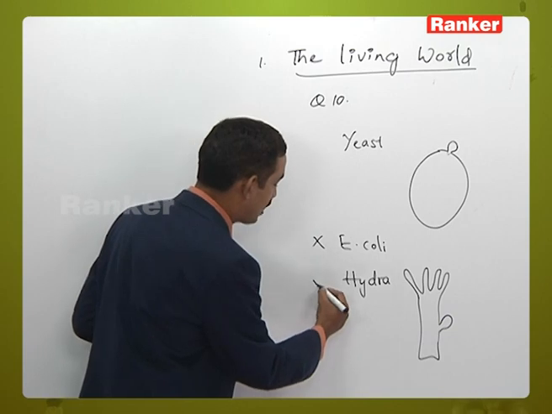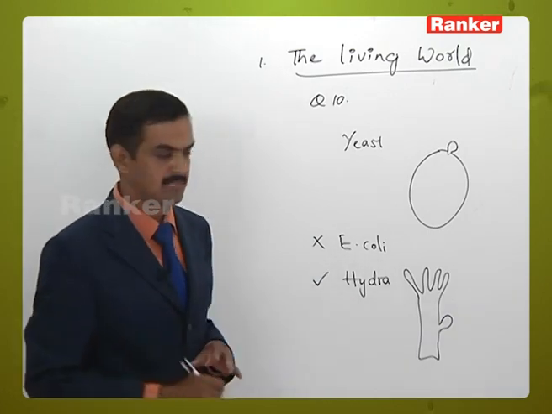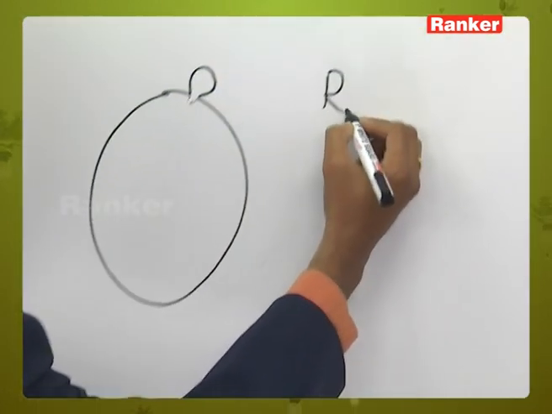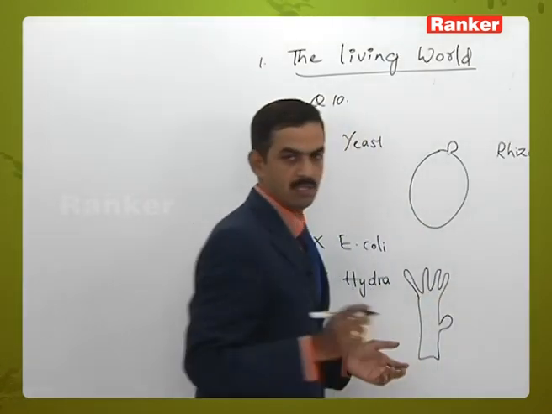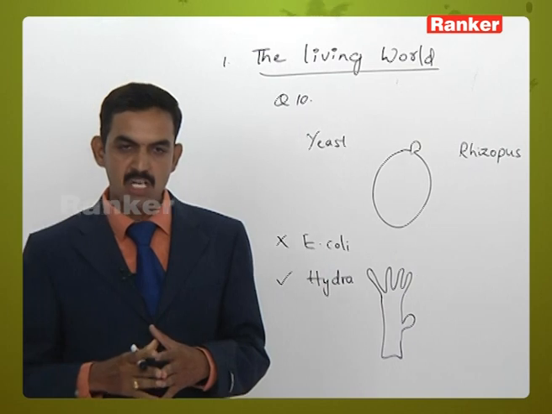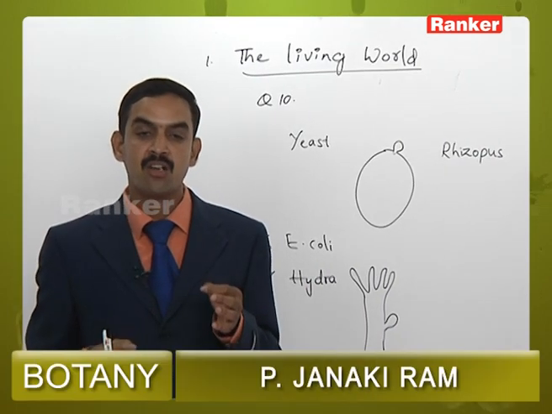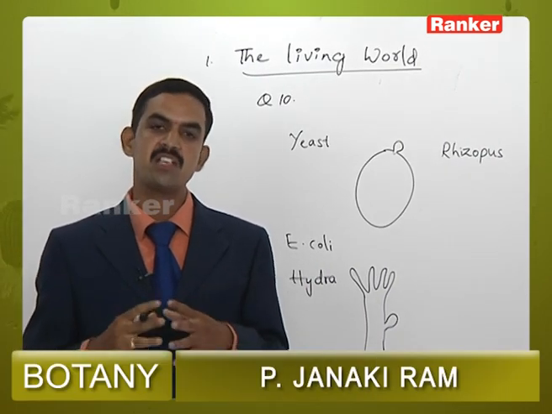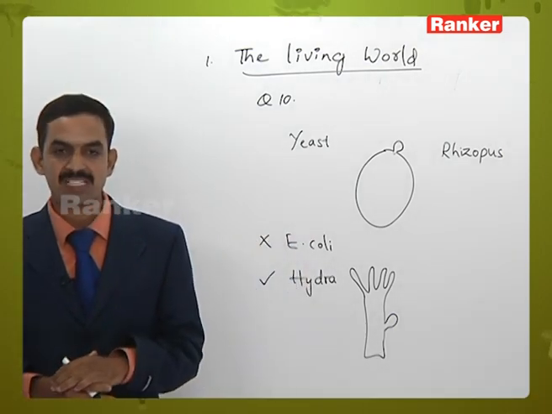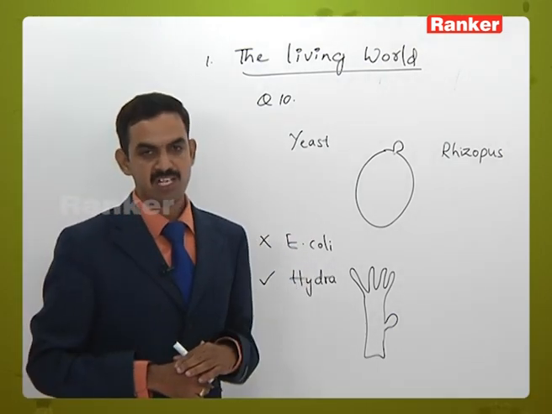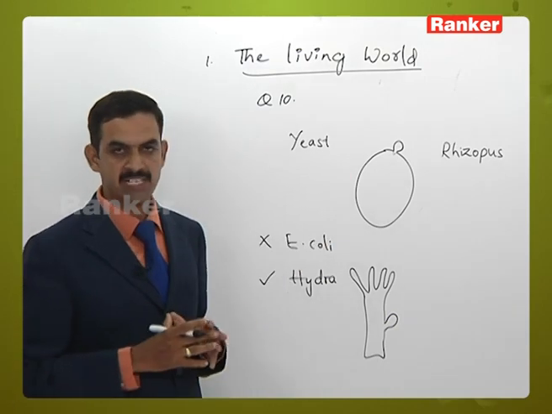So hydra is also exhibiting the budding process. And the fourth one is rhizopus. Rhizopus is also a fungus, but it's a filamentous coenocytic fungi. Rhizopus reproduces asexually by fragmentation, but not by the budding process.